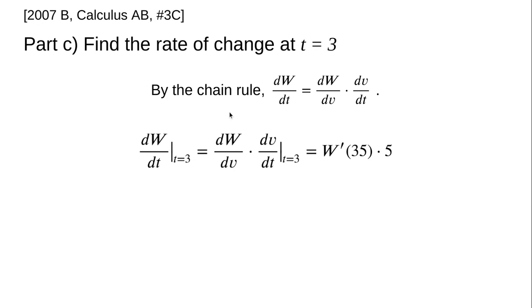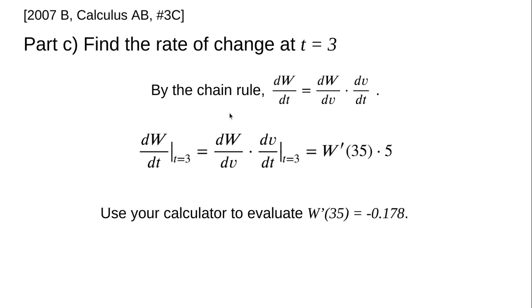So dW/dt when t is equal to 3 is going to be dW/dV times dV/dt at t equals 3. So we have W prime at 35. The 35 is part of the given for this question. And we're also given that dV/dt at t equals 3 is 5. So we have W prime of 35 times 5.